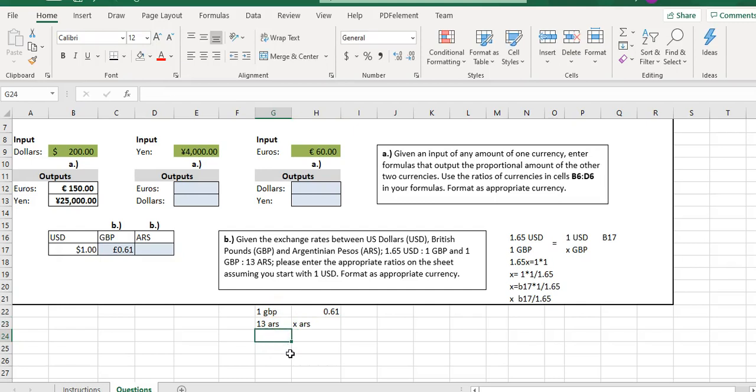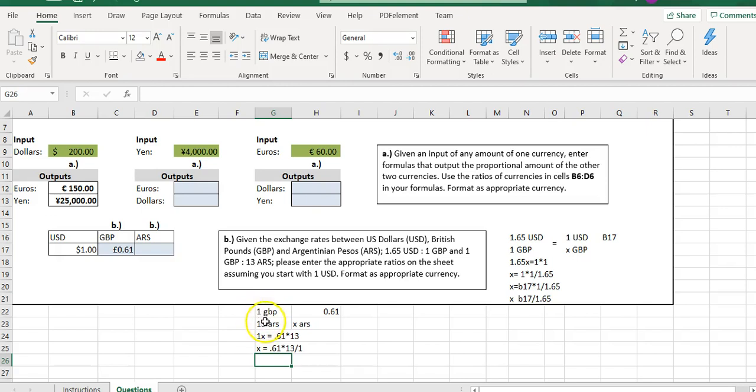Okay, so cross multiply, and you get 1x equals 0.61 times 13, and then x equals 0.61 times 13 divided by 1. So now let's talk about cell references again. Where's the 1 British pound?